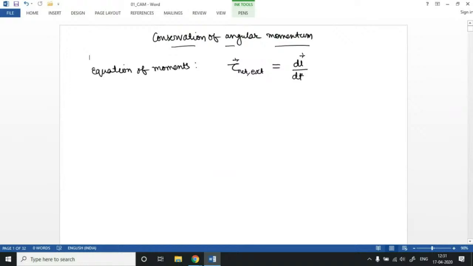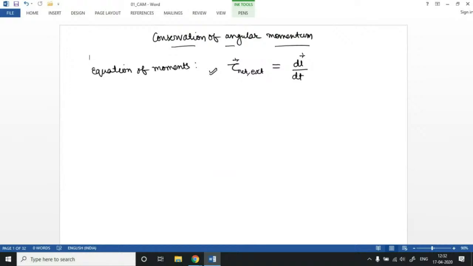That is, the rate of change of angular momentum acting on a system will be equal to the net external torque on that system. Whenever we write this equation, we must realize two things: first, in what frame we are writing it, and second, about what point we are writing it.